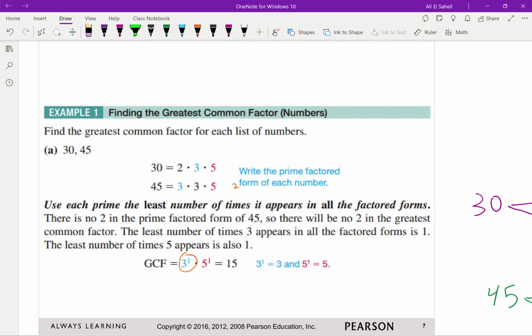Another common factor is 5. In both of these, it's 5 to the power 1, so we use 5 to the power 1. Multiply those, you get 15. So 15 is the greatest common factor of 30 and 45.